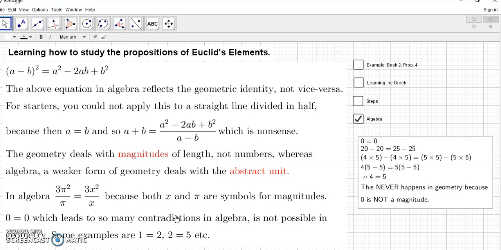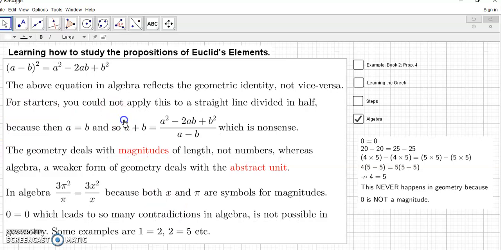Number only comes along in book 7, and that's quite a way off. But before book 7, we have book 5, which actually establishes all the operations of arithmetic, which of course algebra inherited from geometry, okay? So it didn't happen the other way around.